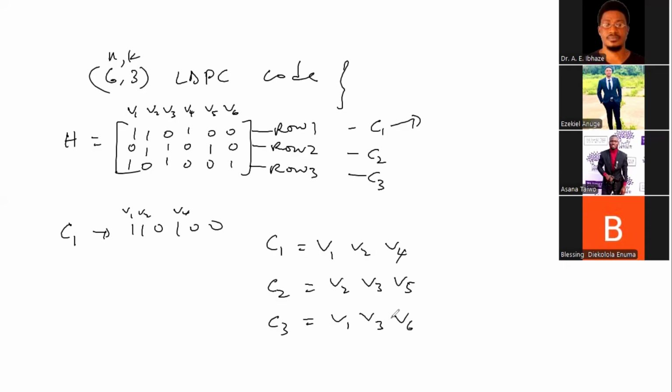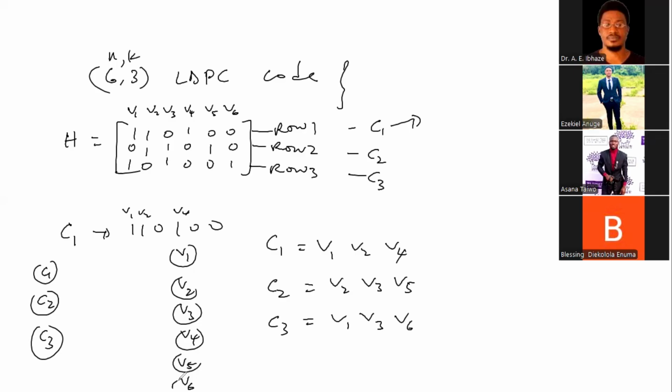Now, it means that in this case, we have 3 parity check equations. And then we can design the Tanner graph from this, since we have C1, C2, C3, mapping to V1, V2, V3, V4, V5, V6.